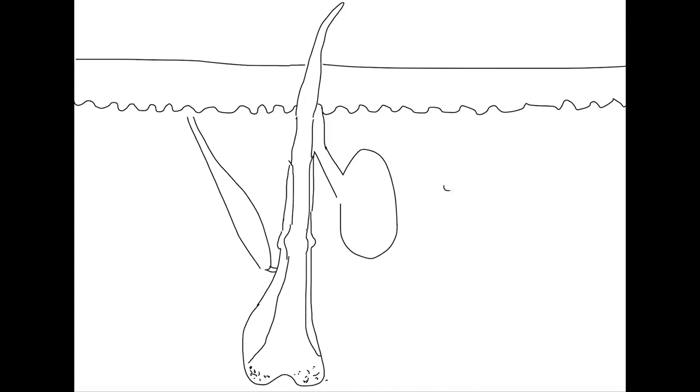So I'll draw a simpler version. If there was a hair right here, the barrier would come down, back up, and then continue.